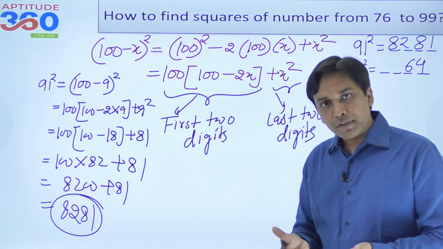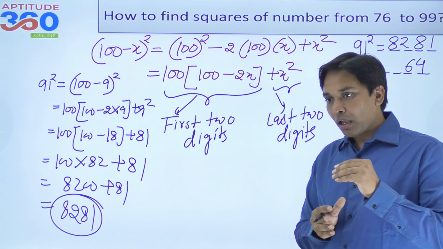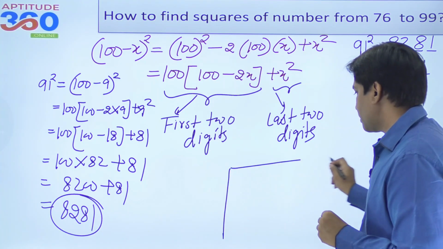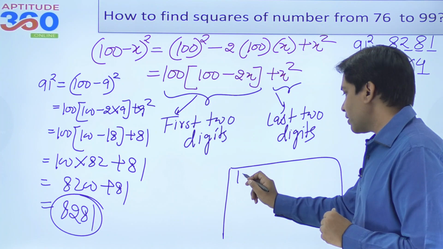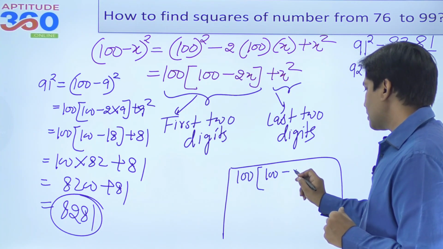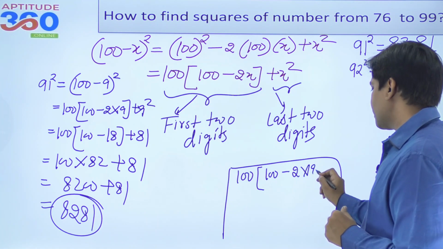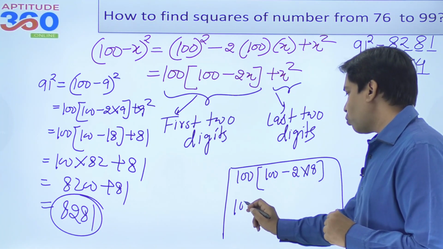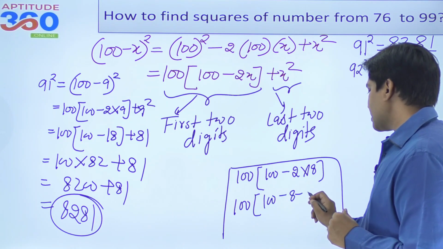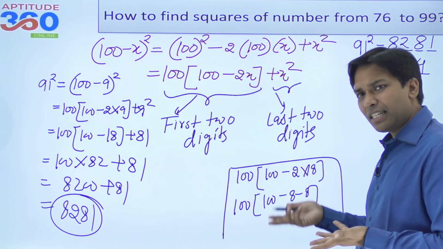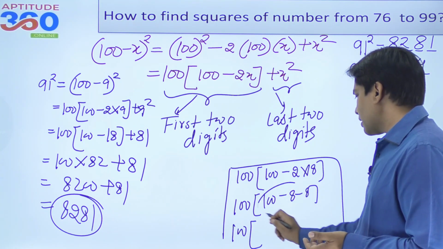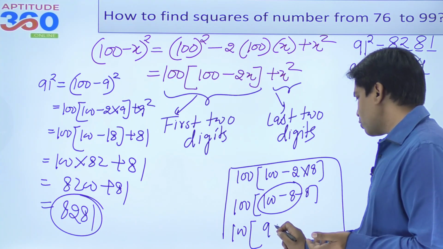For the first two digits, previously you were doing this rough work: 100 minus 2 into 8, isn't it? Or can I write 100 minus 8 minus 8, because 2 into 8 is 16 and it's the same thing. Or, if you see, this number is 92 minus 8.